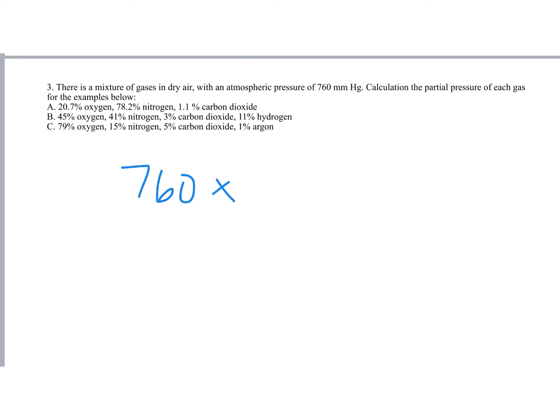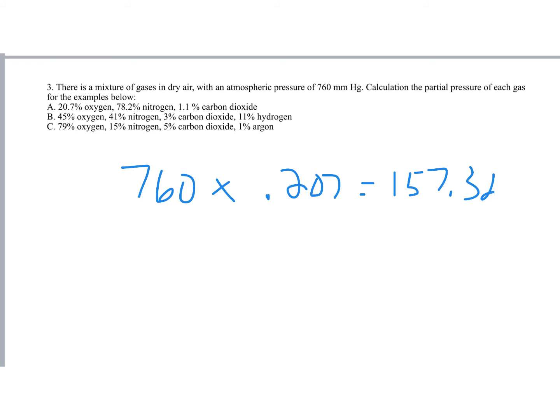You have to change that 20.7% into a number by moving the decimal point over 2 places to the left. So you take 760, multiply it by 0.207, and that gives you an answer of 157.32 millimeters of mercury.